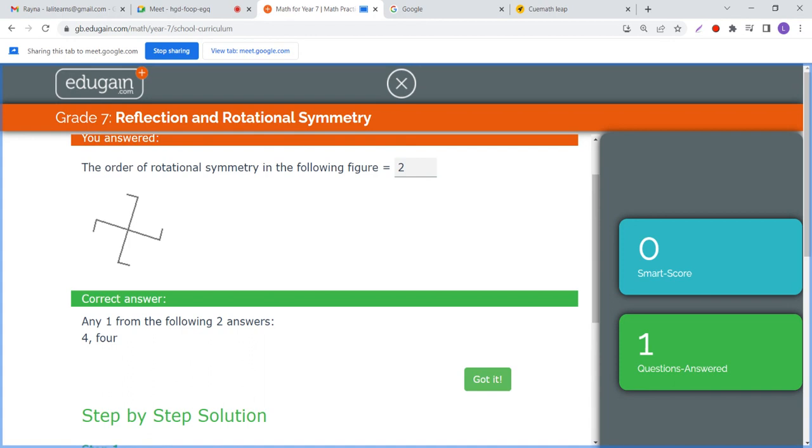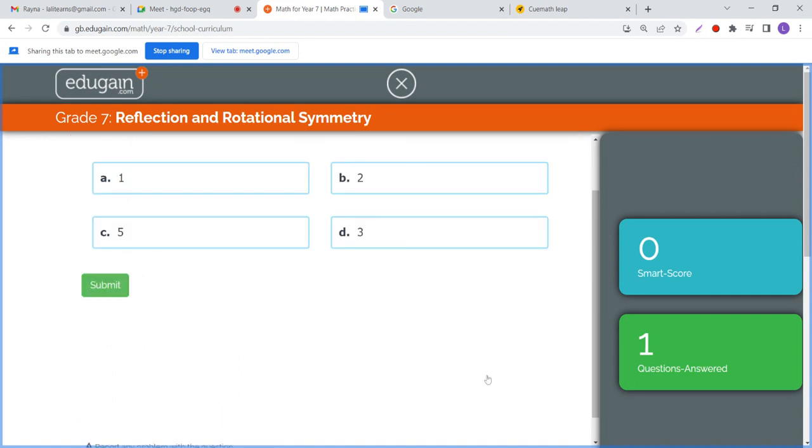Now, if arms are different, suppose we are having only two arms, then its order of rotation becomes two. But four arms over here, you rotate it by any arm, it reaches the same position after a complete cycle. That is one. Then each arm rotates through a quarter to reach the same position. So it is four.